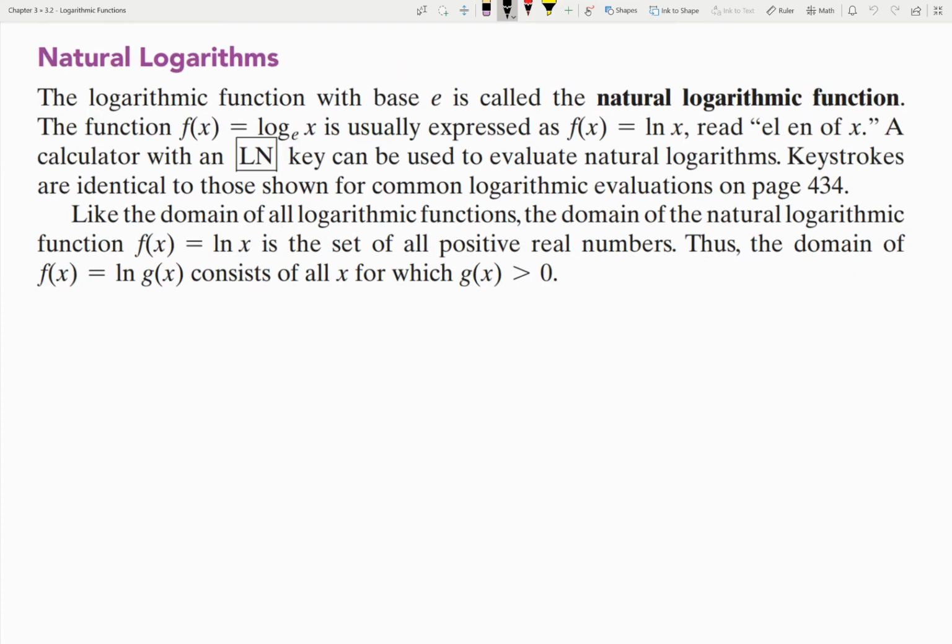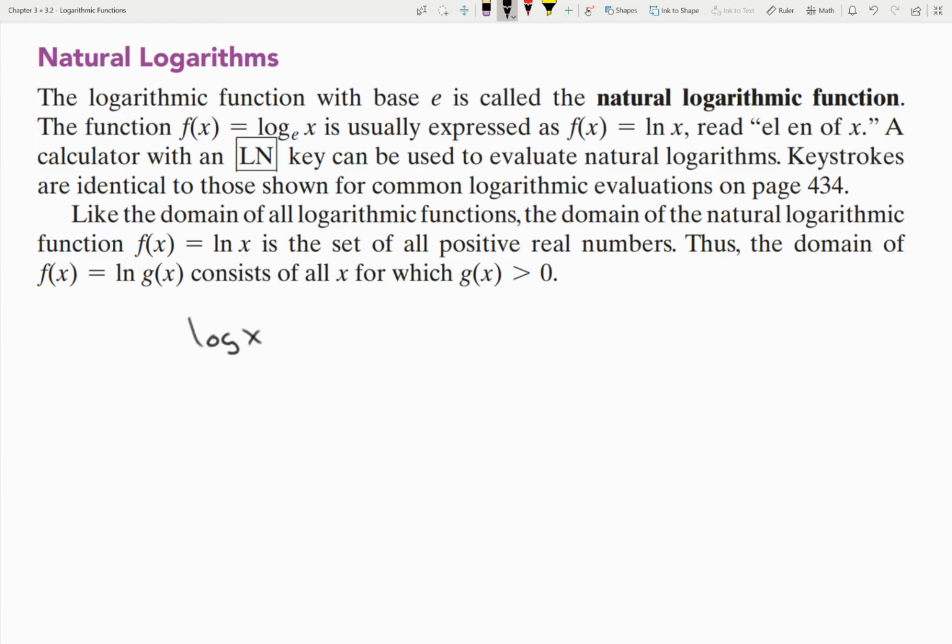All right, let's finish our talk about logarithms by talking about natural logarithms. So just like the common logarithm, which looks like that, okay, natural logarithmic functions with a base e are the second most popular logarithm because they're used in all sorts of applications for real world situations, right?